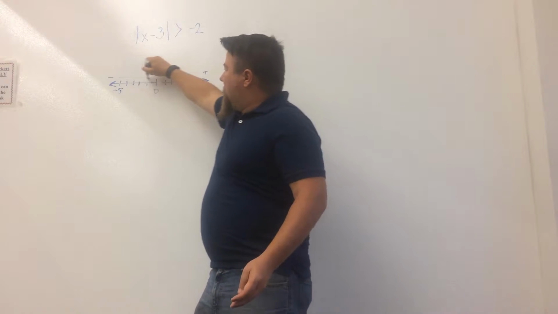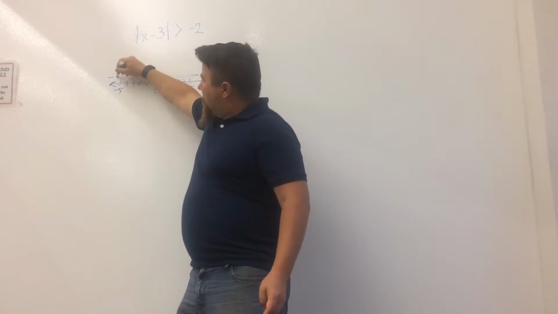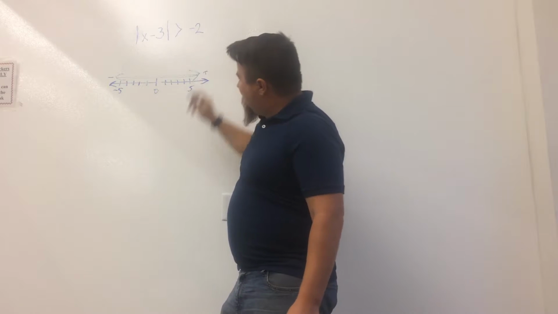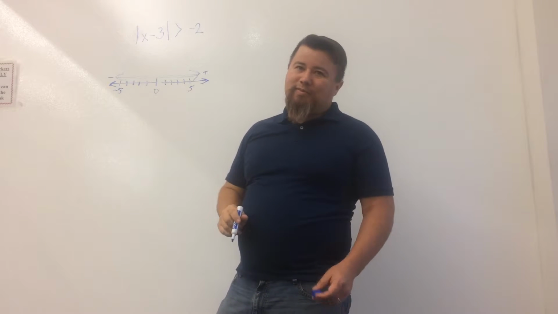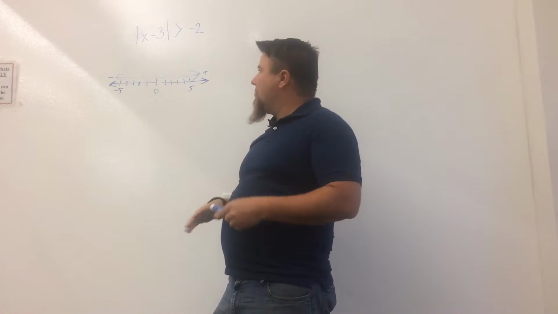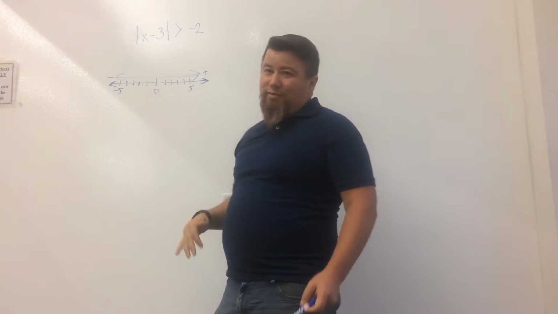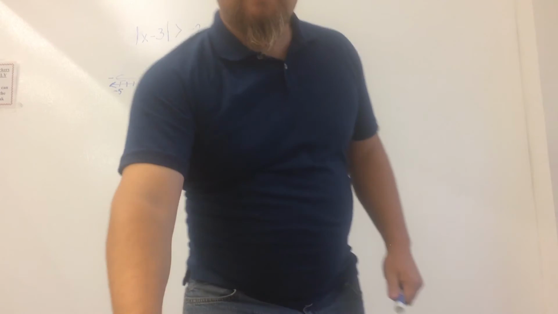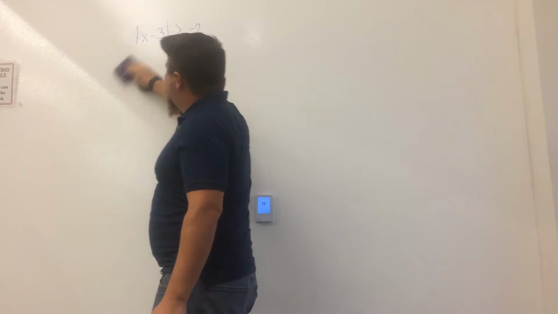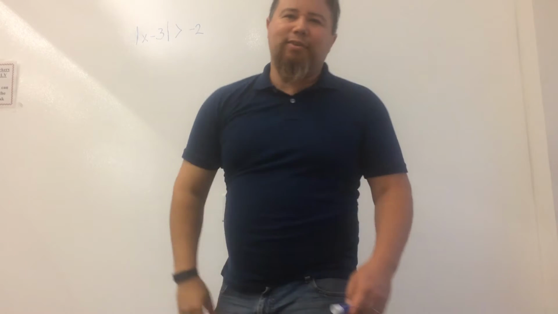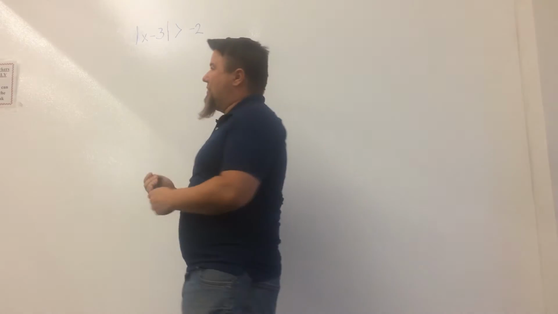So all of these numbers going in both directions are going to be greater than negative 2. And if you still don't believe me, then we can solve and it'll hopefully make more sense.